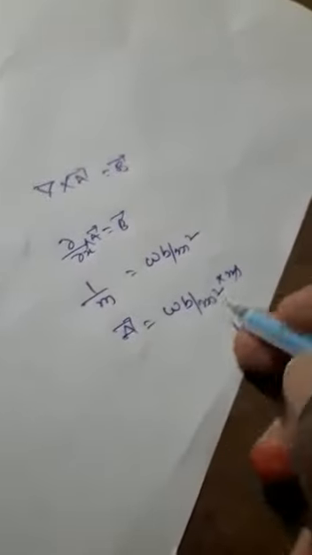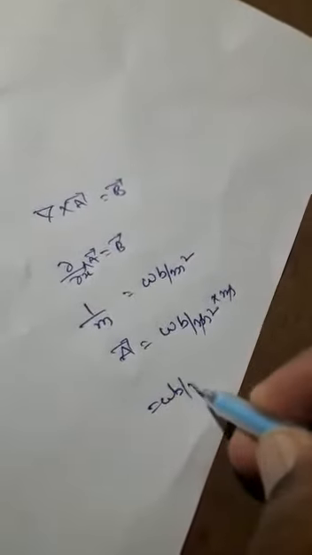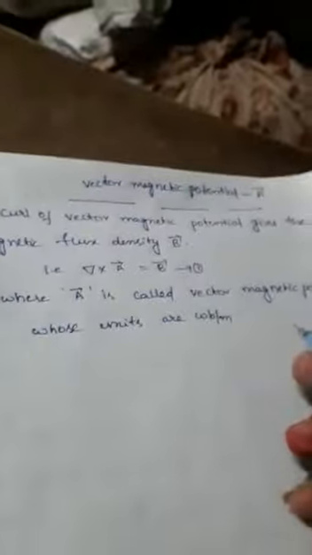Because this is curl of A bar, this is B bar. Curl means, for example, dou by dou x, which is 1 by meter, and B bar is Weber per meter square. Then A bar is Weber per meter square into meter. Here meter and meter cancel, so it is Weber per meter. That's why the units are Weber per meter for vector magnetic potential A bar.